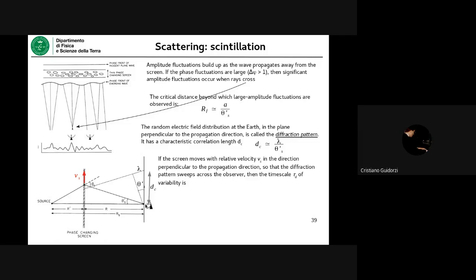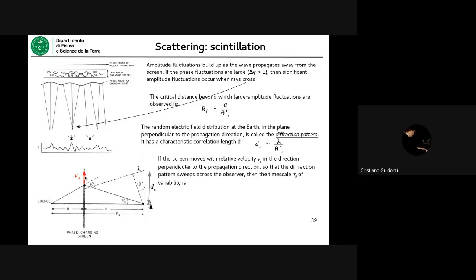So ideally the whole diffraction pattern can shift this way. But if you keep your detector fixed, shifting the diffraction pattern is equivalent to moving the detector along this plane.